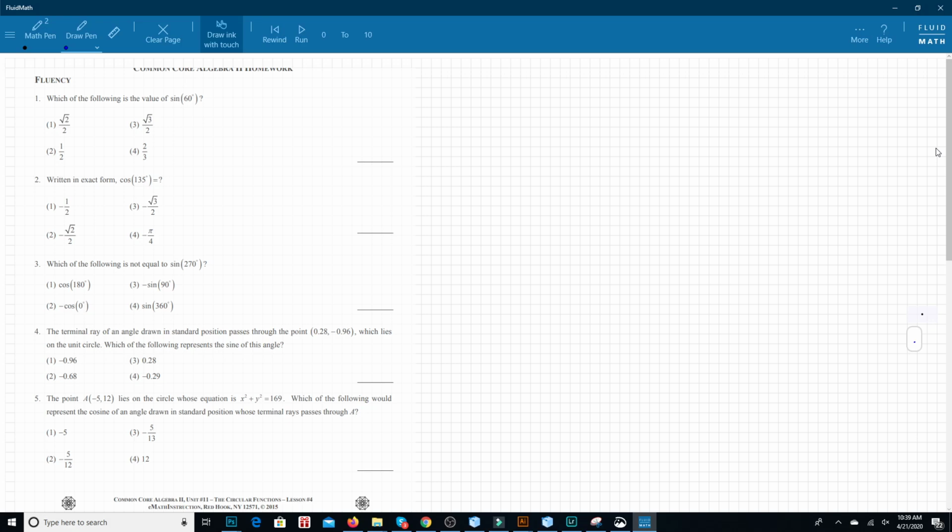The next question says, which of the following is not equal to the sine of 270 degrees? So at the sine of 270 degrees, right? Again, sine represents our y value. So at 270 degrees, our y value is going to be negative 1.